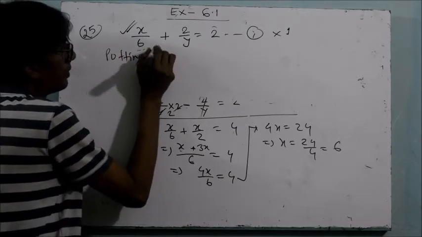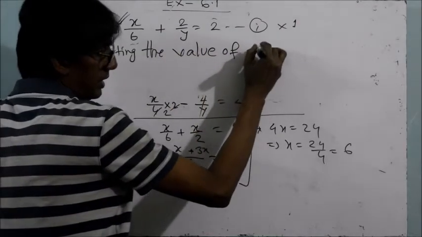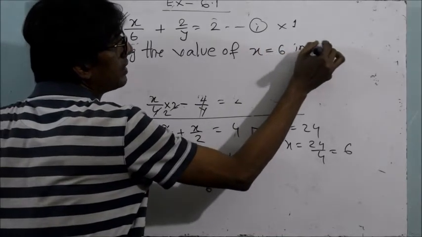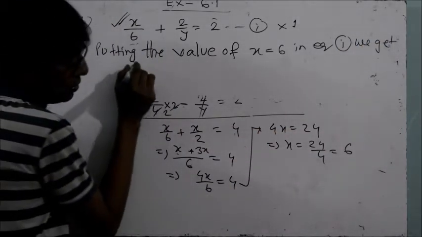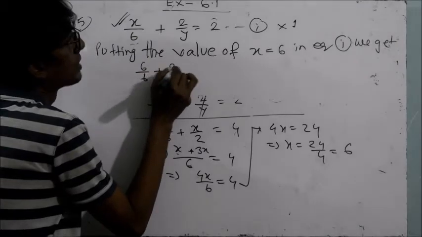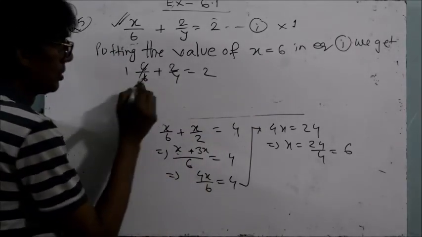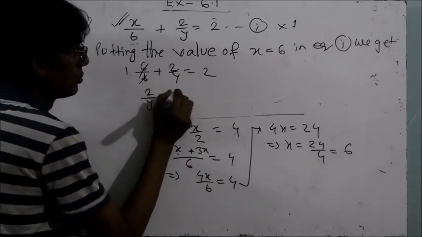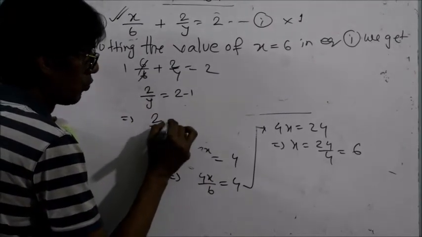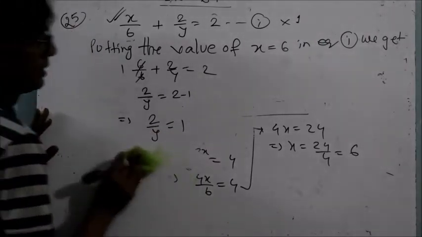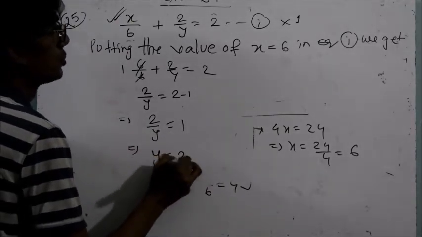Putting the value of x equal to 6 in equation 1, we get 6 by 6 plus 2 by y equals 2, or 1, therefore 2 by y equals 2 minus 1, or 2 by y equals 1, therefore y equals 2.